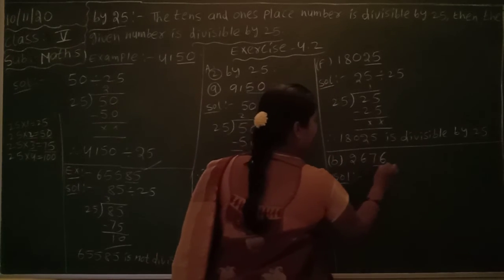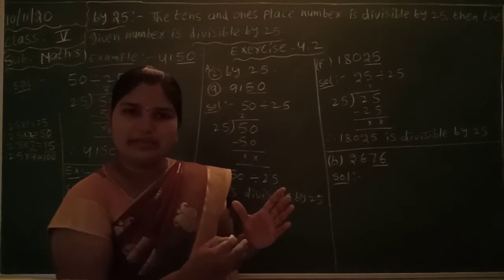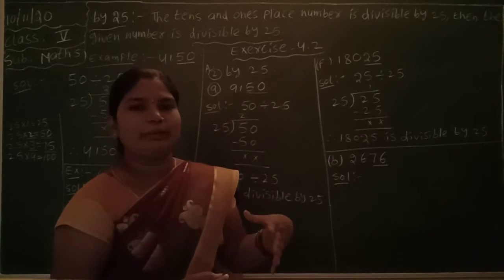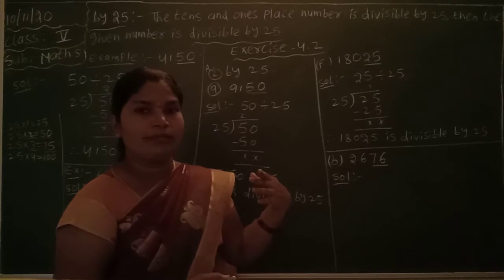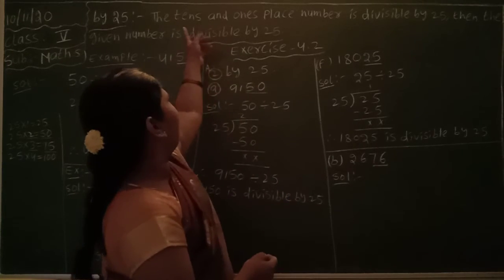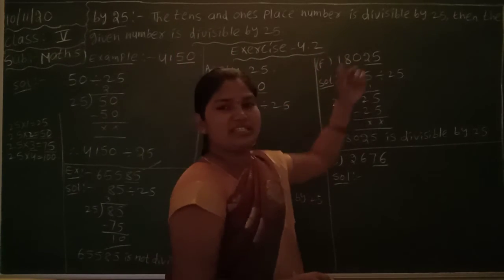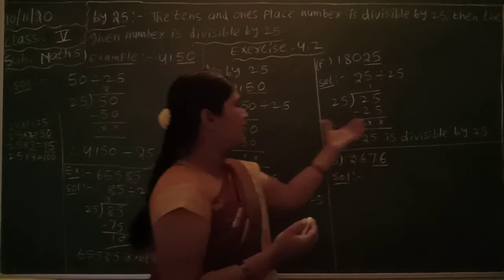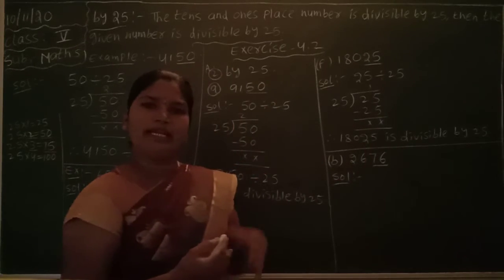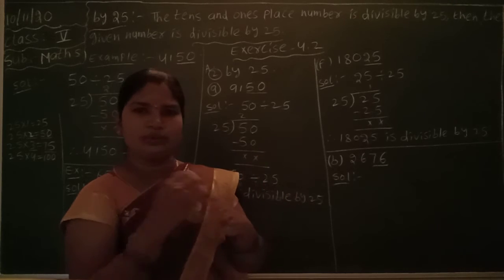Solution. Here also you have to check only the tens place and ones place. Why? Because it is the rule. What is the rule for 25? If the tens and ones place number is divisible by 25, then only the total number is divisible by 25. So no need to do the total division.